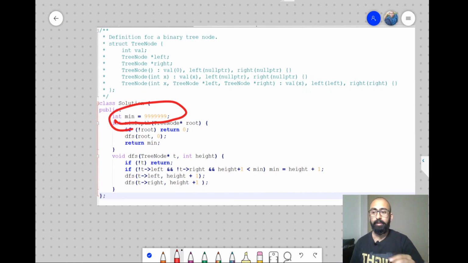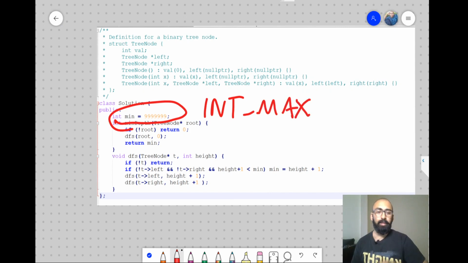And this can be int max, because you can assume that the height of your tree is not as big as int max, so you'll always find somebody who's less than that. So you initialize it to the maximum value, and then when you find somebody who's lower, let's go and update them. That's the whole idea.